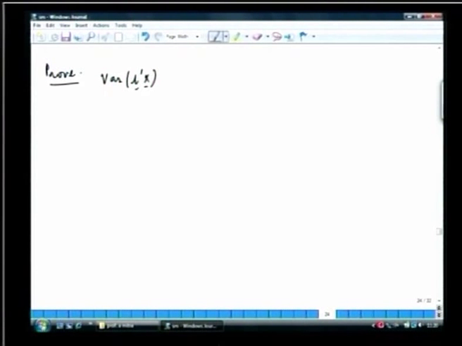I consider one linear combination of x and check its variance, which is L transpose variance of x L, nothing but L prime sigma L, and this I prefer to write after using the spectral decomposition of the sigma matrix, so I have L prime P D_λ P transpose L.